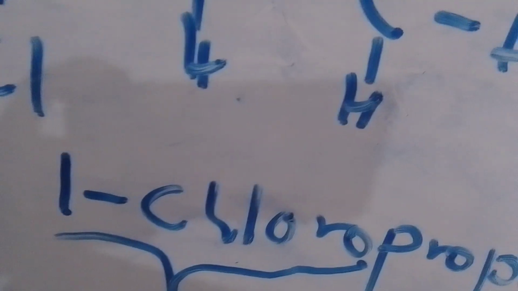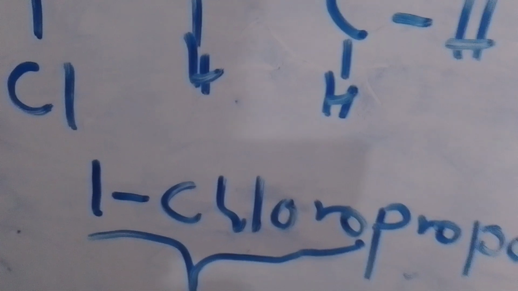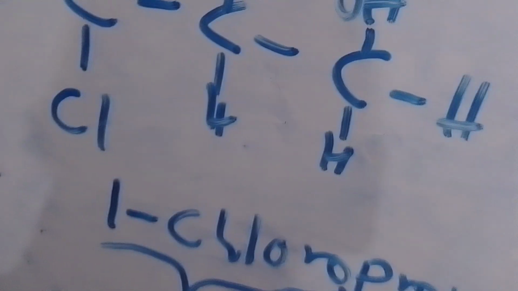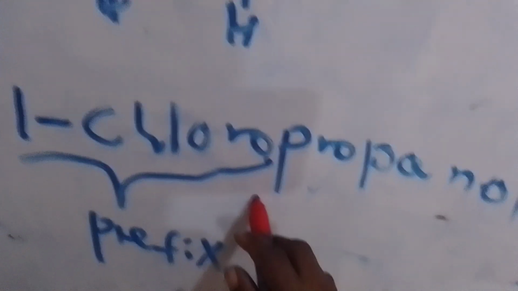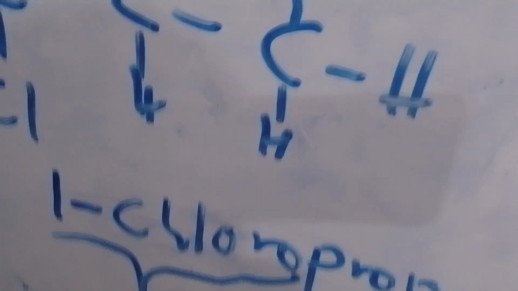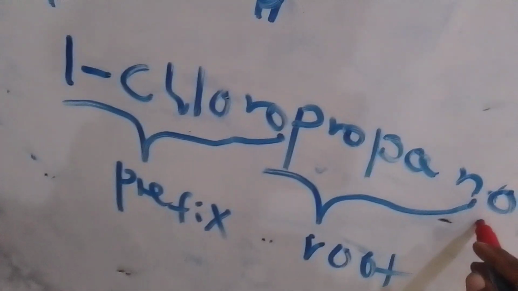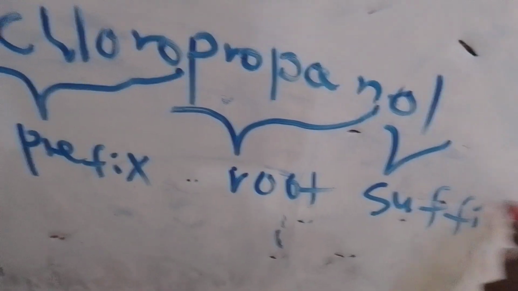Now, propane here, okay, sorry, we have OH here. So here it will be 1-chloropropanol. Now, propan here is what we can refer to as the root, and the OL here is what we can call the suffix.